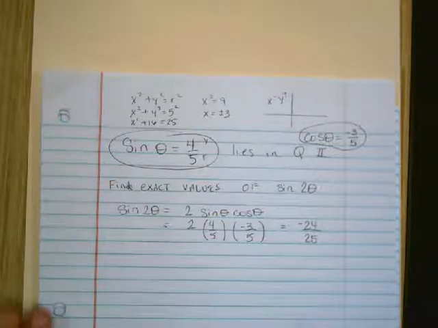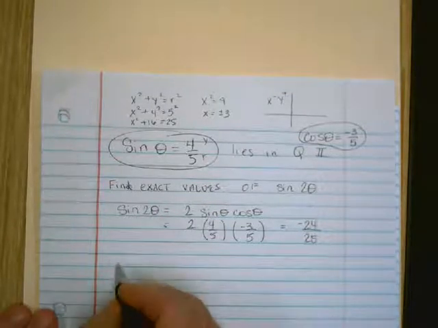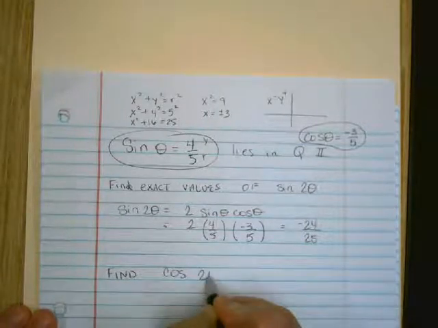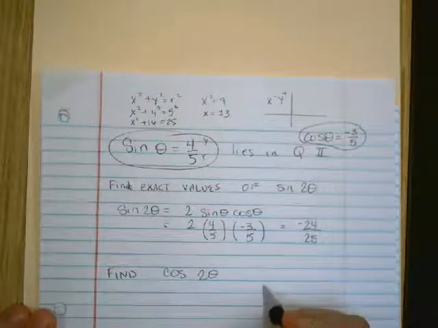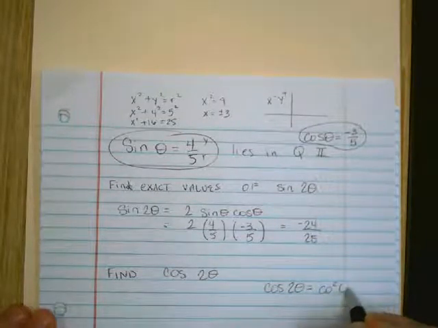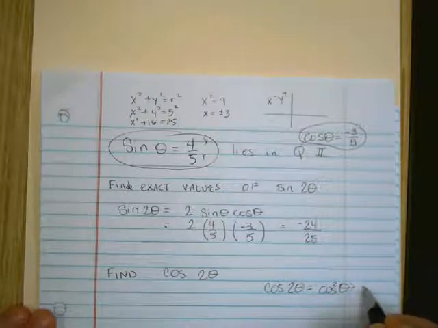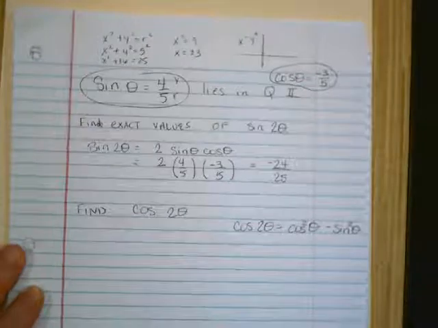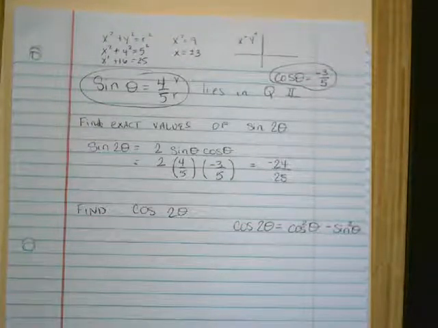They're going to go on and ask me to also find the cosine of 2 theta. Now remember that the cosine of 2 theta is equal to cosine squared theta minus sine squared theta. So I have my values.